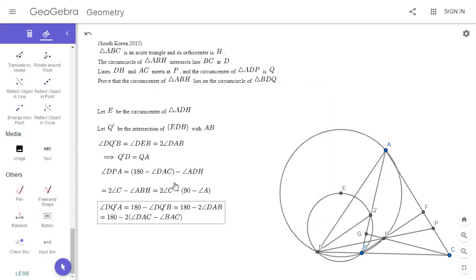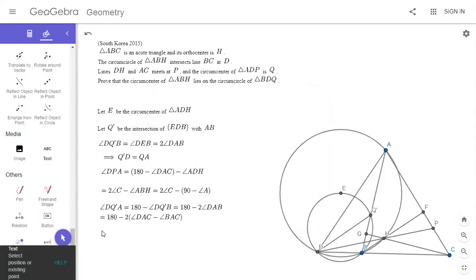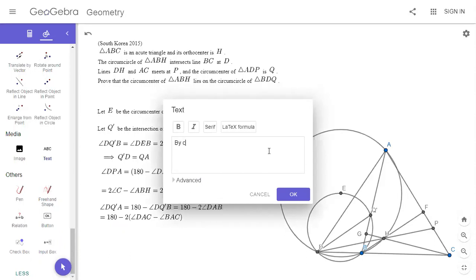I'm just going to say by some calculation from the above, because we're running out of time, angle DQ prime A is equal to twice angle DPA.